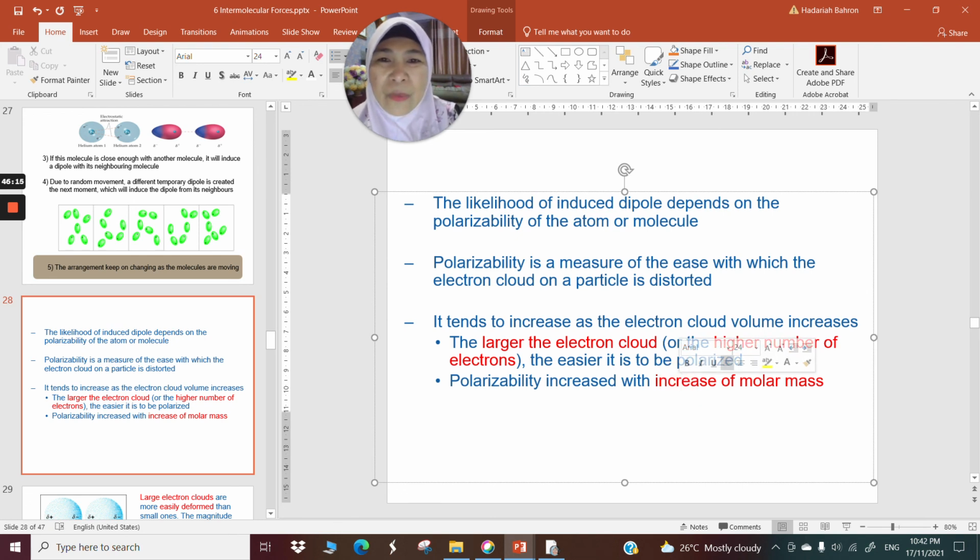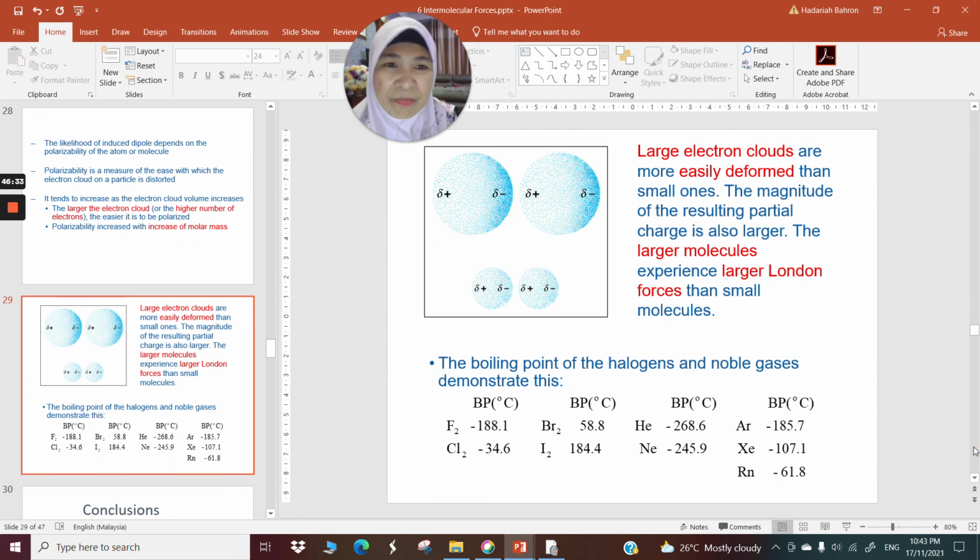When the electron cloud is big, it is easily polarizable. When the mass is big, it is easily polarizable. So induced dipoles can easily occur for large atoms or large molecules.